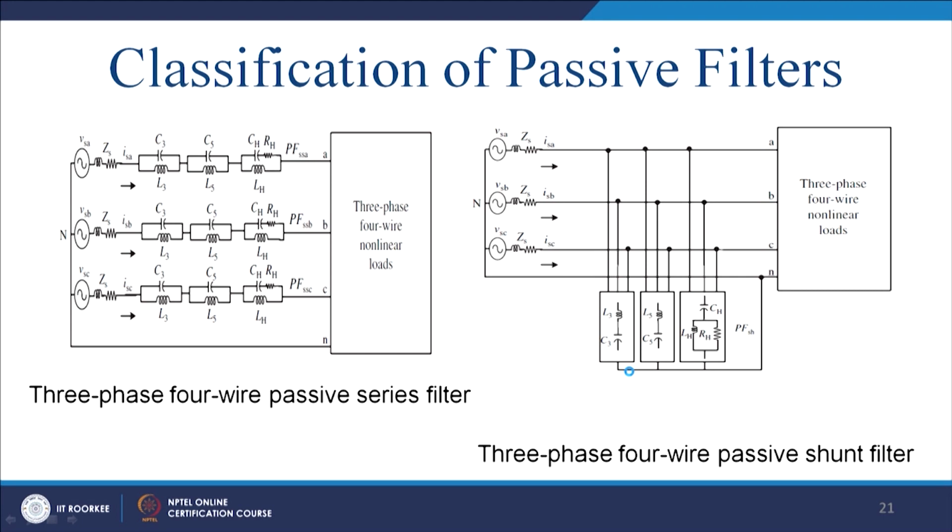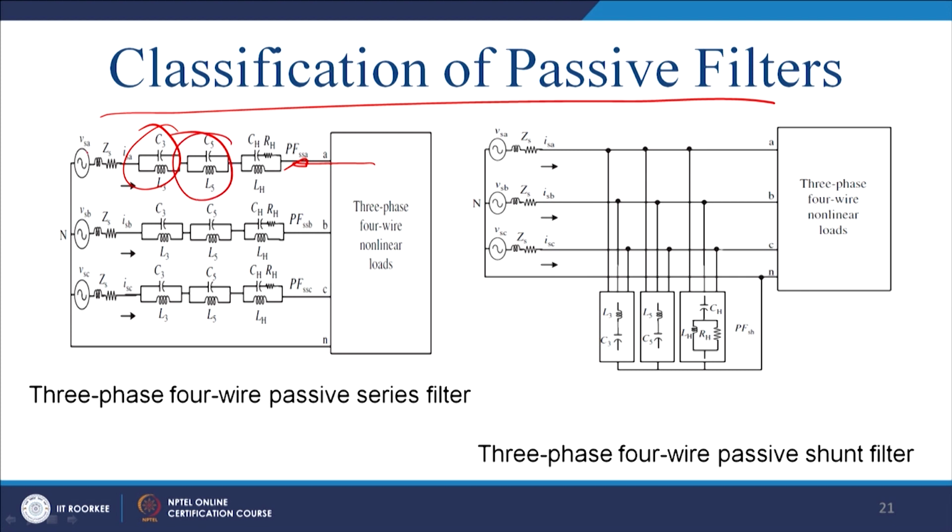Similarly, we can have a classification of the passive filters based on the series network also. This can eliminate the third, because it is producing the harmonic source. So, it will not be able to flow here, and this will have a fifth, this will have all the high frequencies.